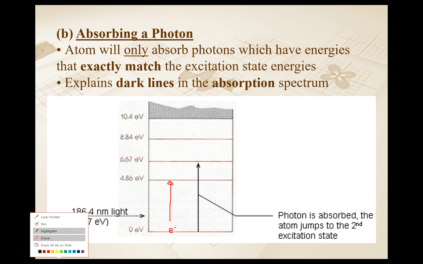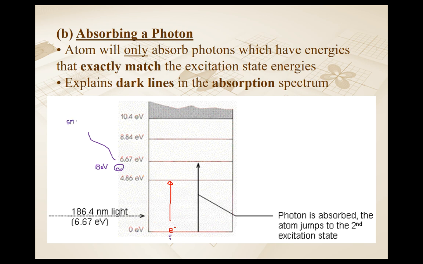The weird thing about a photon is if you fired in a photon that had, let's say, 6 electron volts of photon energy, it turns out this guy is not going to absorb this energy. And here's why. The way we define a photon is as the smallest quanta of energy.